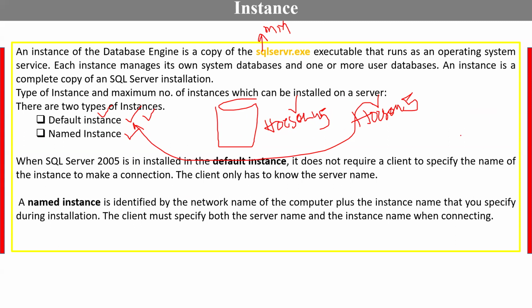Named instance means computer name, HOE SQL 45, slash your instance name. So here you need to mention prod, dev, test, whatever names.